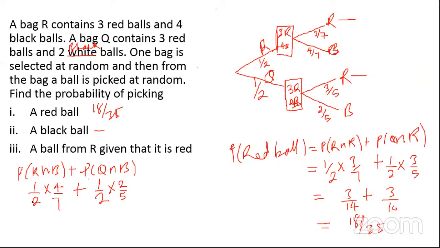So this would be the same as, when we reduce this by 1 here, up here by 2, so it is 2 over 7. We add 1 over 5.